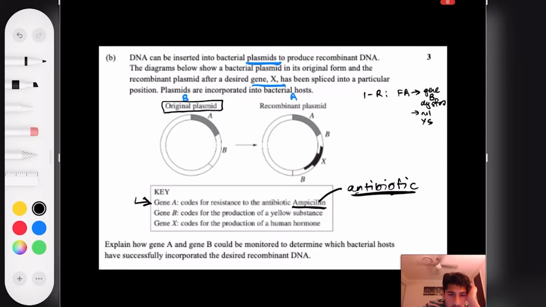I know I keep on asking the same question this lesson. Bilal, what are we testing here? For testing whether gene A is present, what syllabus dot point is this assessing? You don't have to be specific to the dot point, but what general concept is it going to be testing?